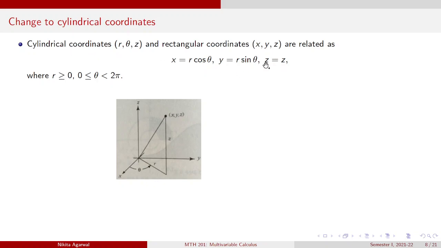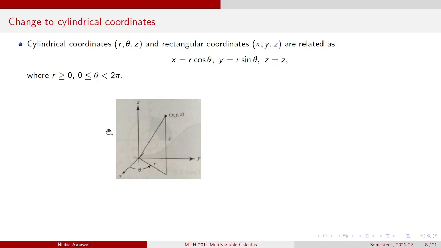So z is retained and x and y are replaced by r cos theta and r sin theta. So it's the same thing. In the xy plane you are changing to polar coordinates and the z coordinate remains as it is. Okay. And of course here also r can take any value which is greater than or equal to 0, and theta lies between 0 and 2 pi.